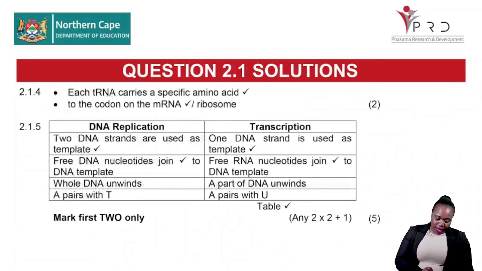So each tRNA carries a specific amino acid to the codon on the mRNA. Remember, the anticodons pair with the codons on the mRNA. So these tRNA bring the specific amino acid onto the ribosome to pair with the codon on the mRNA.